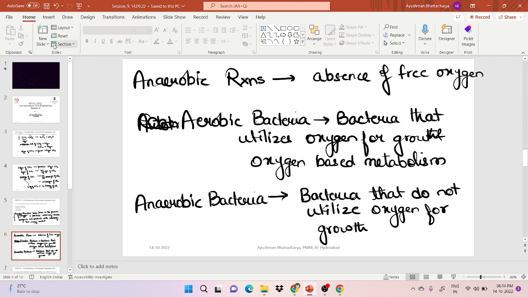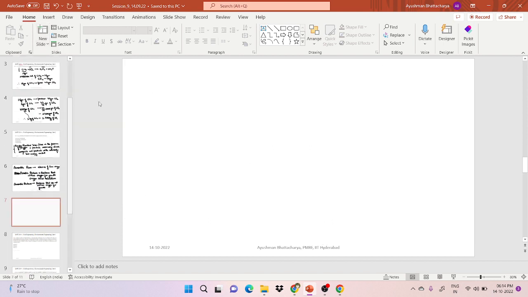Now we will talk about autotrophs. Autotrophs are the microorganisms which derive both energy and material from the inorganic substances.